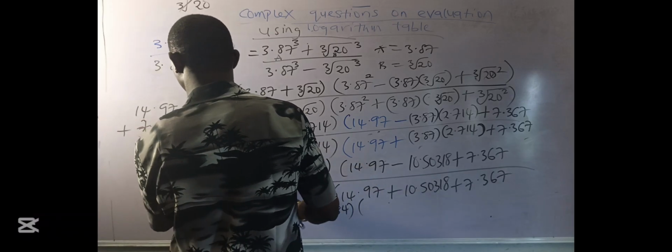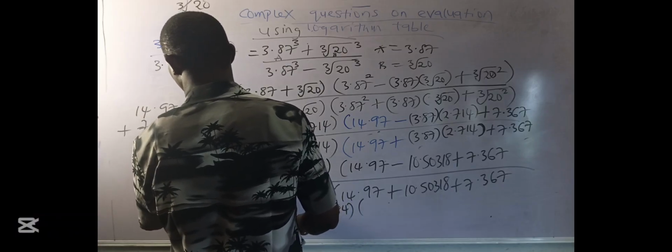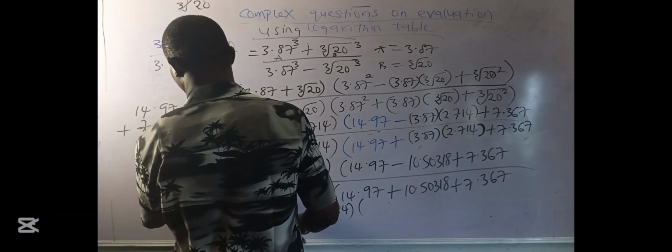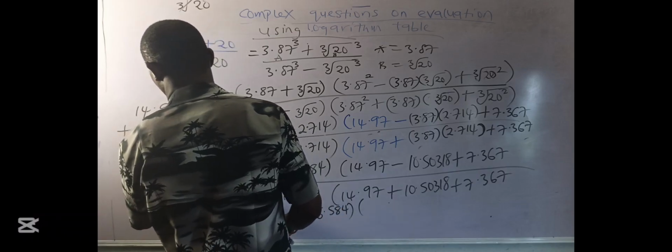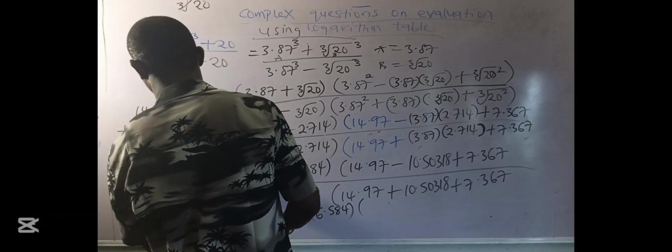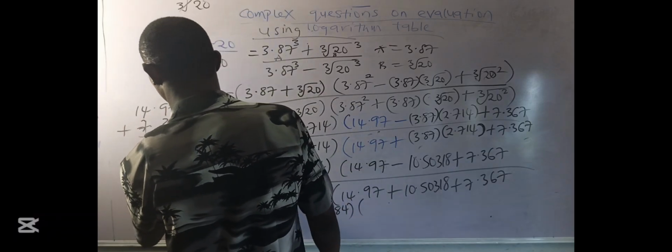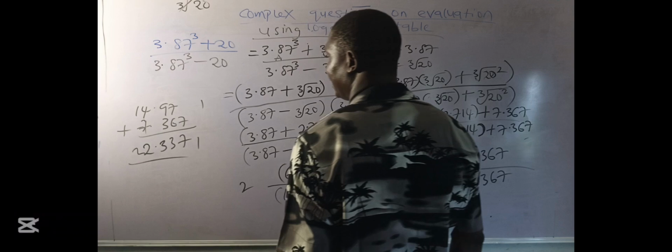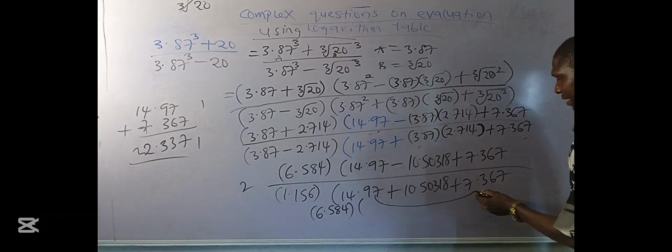So if I add up, I'll have 7, 10, 13, 3, carry 1. 10, 13, 3 again, carry 1. 8 plus 4, 12, 2, carry 1, 2. So I have 22.337.